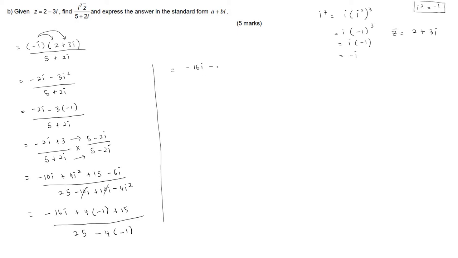Okay, negative 4 plus 15 over 25 plus 4, equals. So negative 16i. 15 minus 4 is 11.